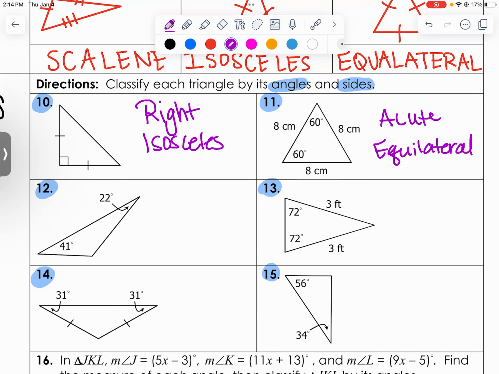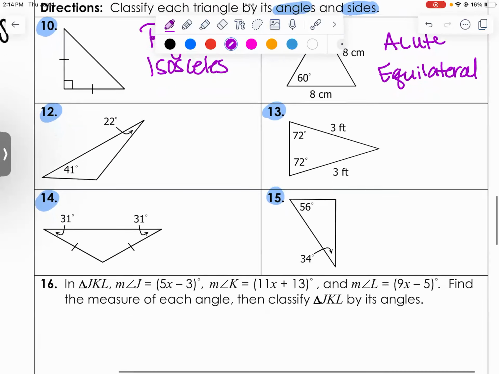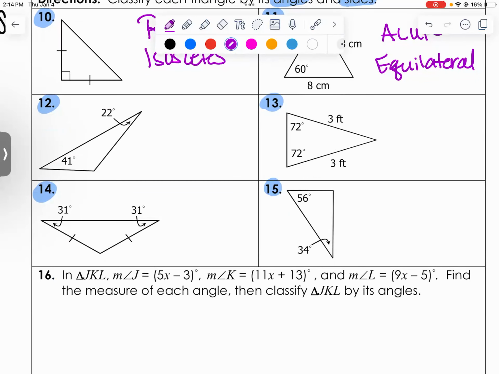Will an equilateral triangle ever be obtuse? No. Will an equilateral triangle ever be right? No, because the angles will always be 60 degrees. Equilateral is always acute.